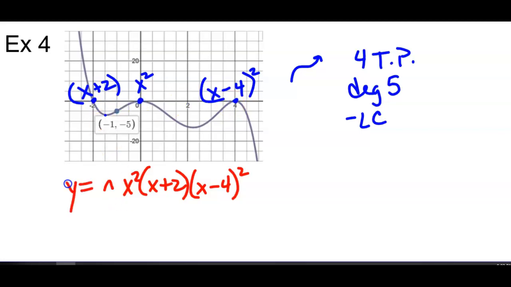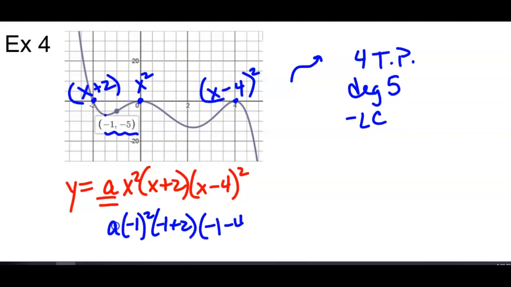So we have y equals a times those factors, and we're going to replace that a with a number at the end. But first we're going to put in -1 for all the x's, and we're going to put in -5 for the y, and solve for a.